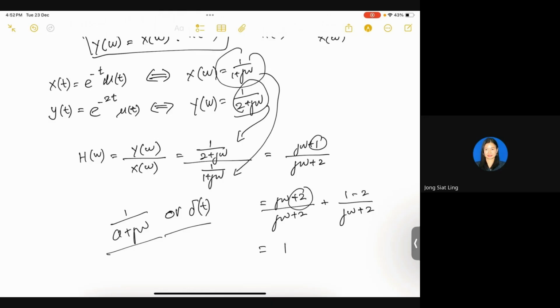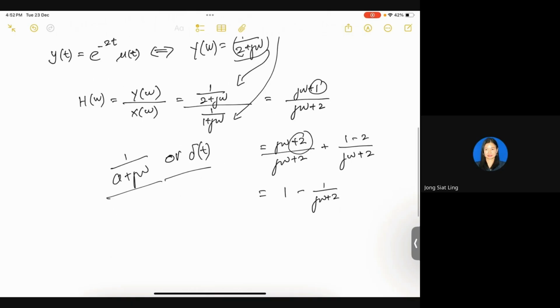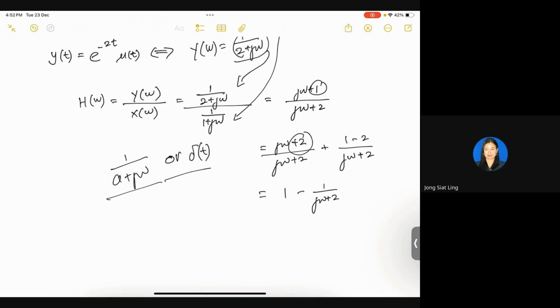After we simplify, we get 1 plus (1 minus 2). Now 1 minus 2, you get minus 1. So you get minus 1 over (jω plus 2). From here we can find H(ω). From H(ω), we can find h(t) by inverse Fourier transform.